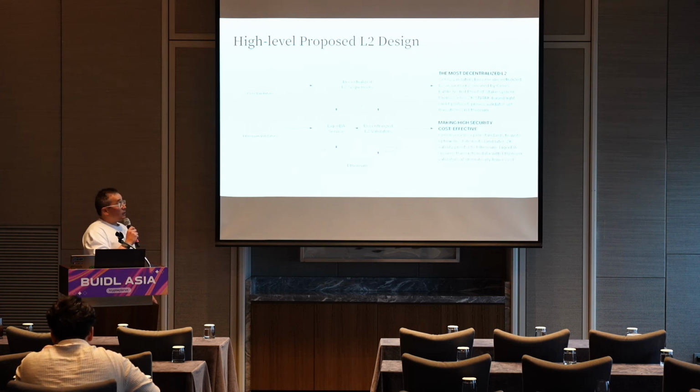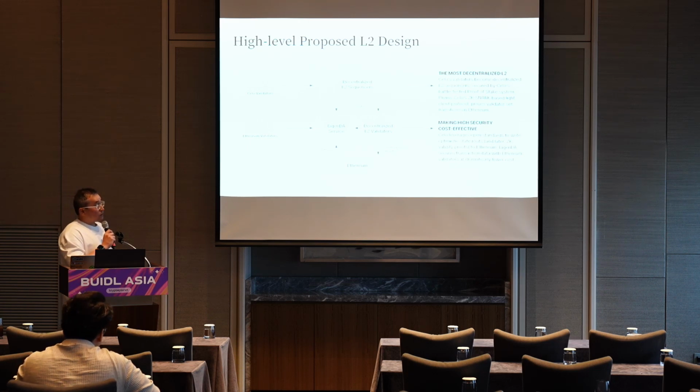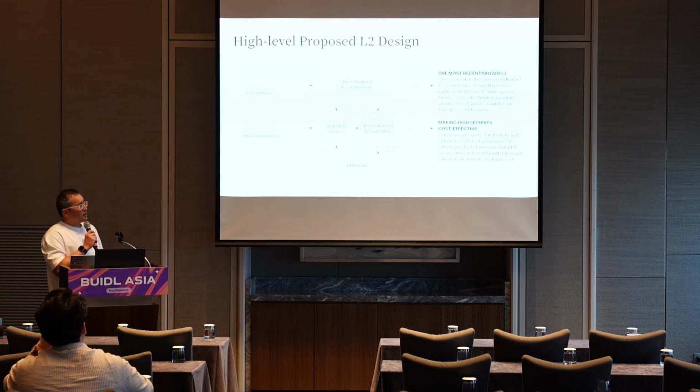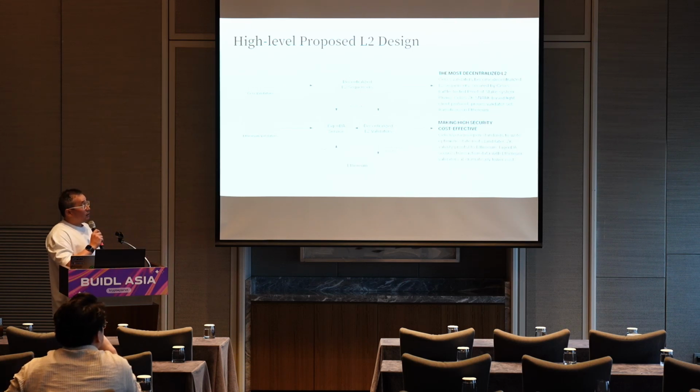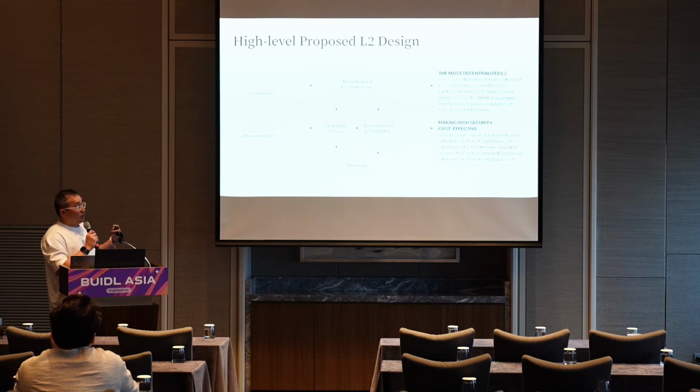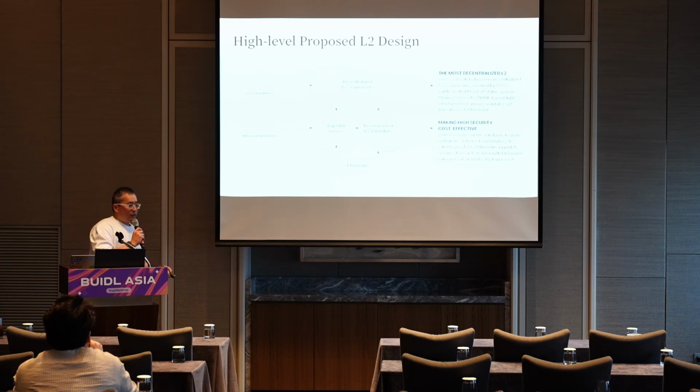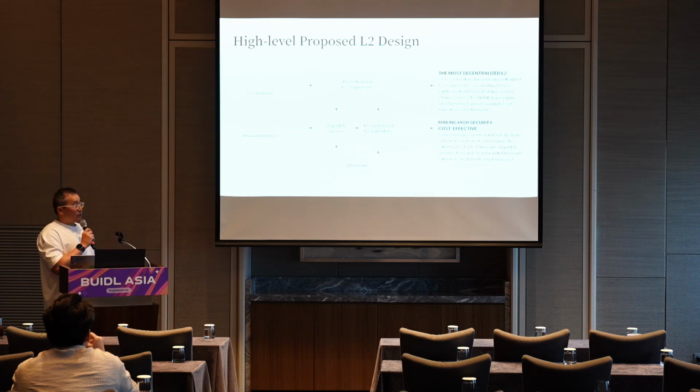So, taking a quick look at how you would propose an L1 transition to an L2. Celo is a proof of stake network, so we already have a set of over 110 validators on the network. Our belief is that we can provide a path for those validators to become decentralized sequencers on the L2, and that's been our pitch.